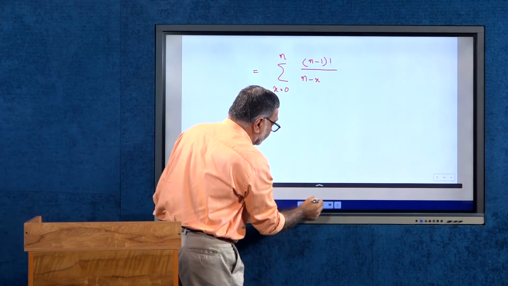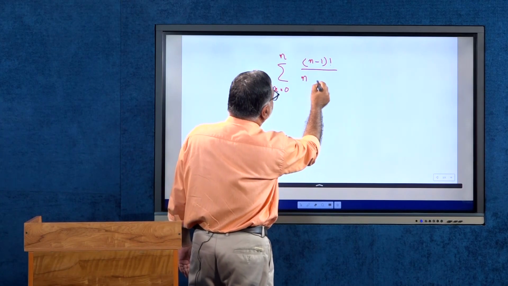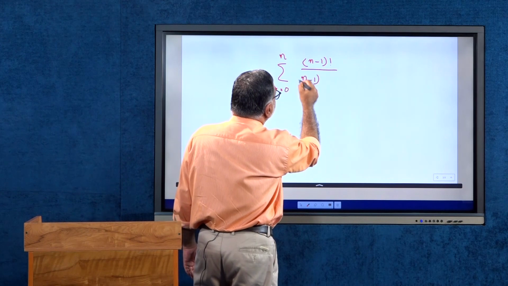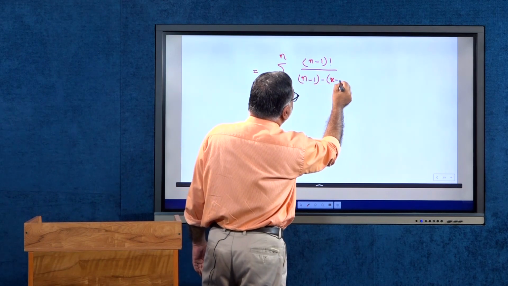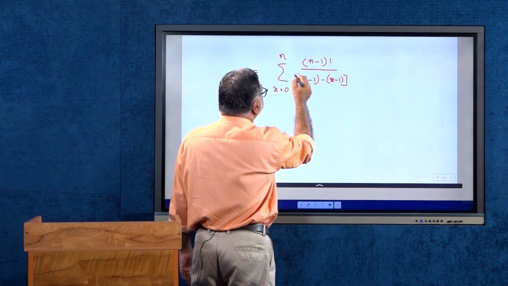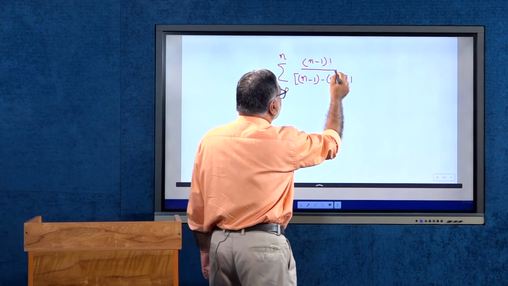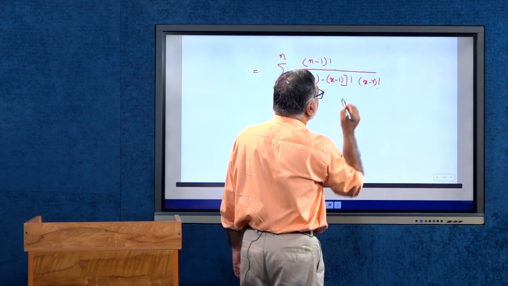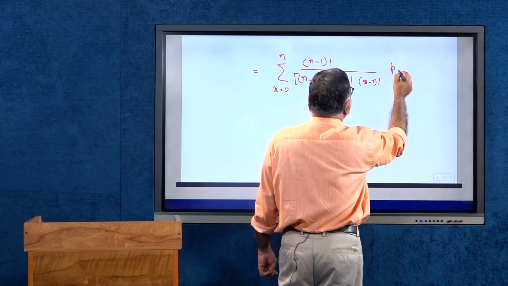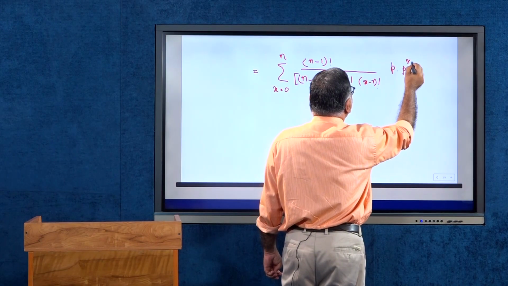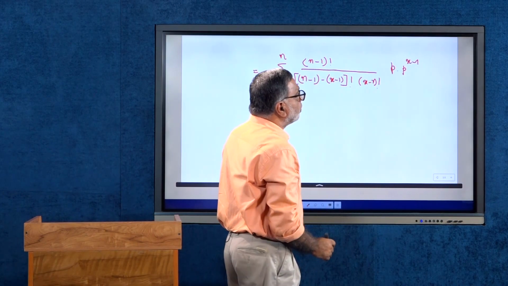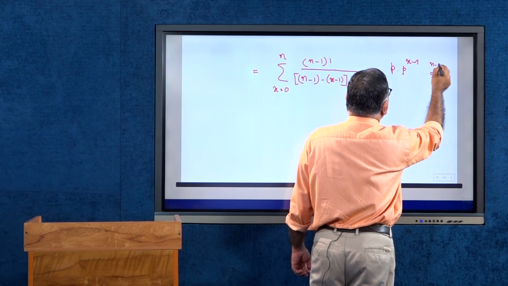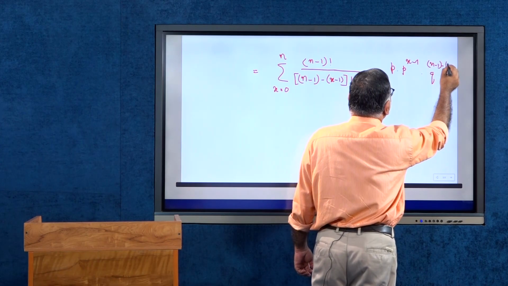You can write this (n-x) factorial as ((n-1)-(x-1)) factorial into (x-1) factorial, and p^x, let it be written as p into p^(x-1). Again q^(n-x) is written as q^((n-1)-(x-1)).